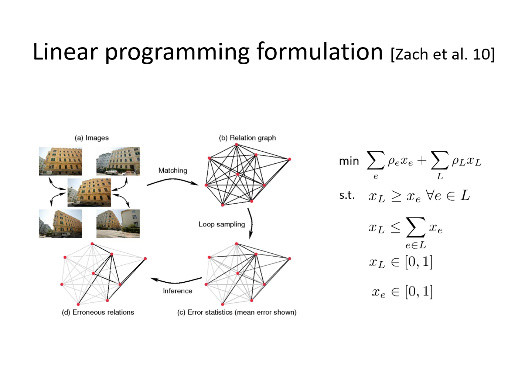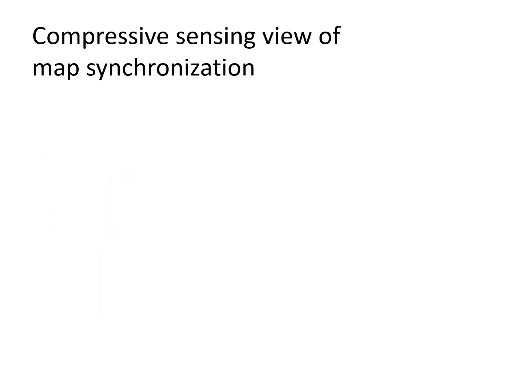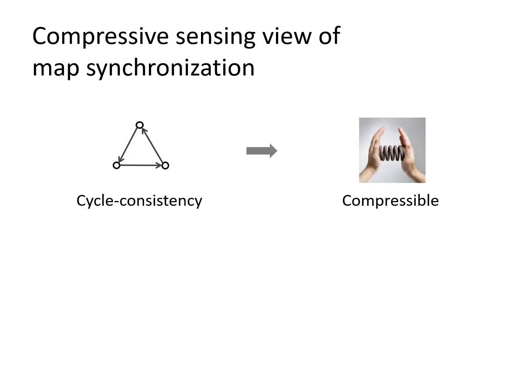The real breakthrough comes from the third category of approaches. This is also motivated by compressive sensing. In fact, we can have a compressive sensing view of map synchronization. Concretely, cycle consistency essentially says that one map is the composition of the others, meaning that if we consider consistent maps as a signal, this signal is compressible.